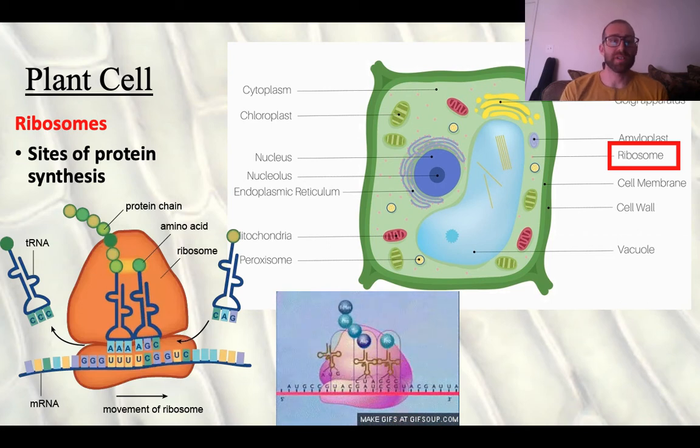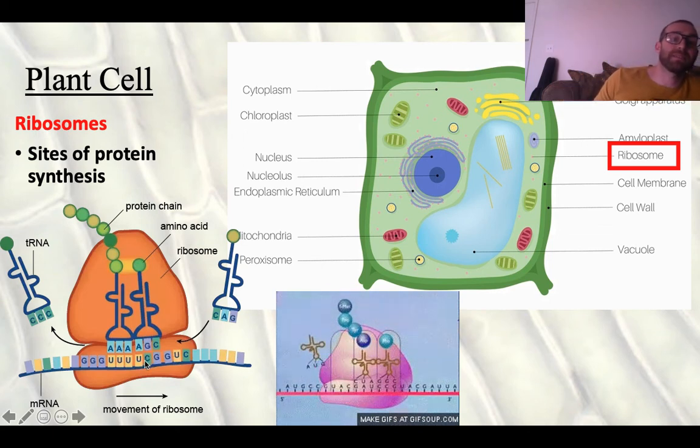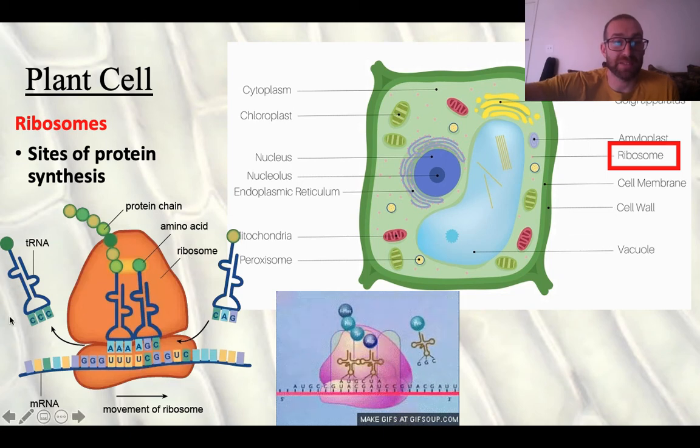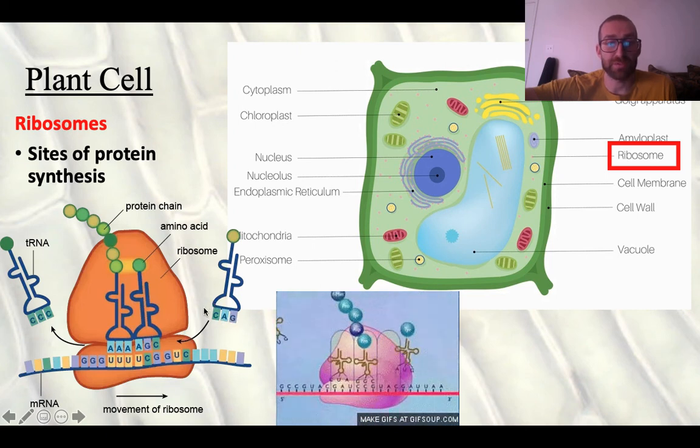So messenger RNA gets fed through the ribosome, and as it does, transfer RNA comes and binds to it. Each transfer RNA has a different segment or code of 3 nucleic acid bases we refer to as a codon.